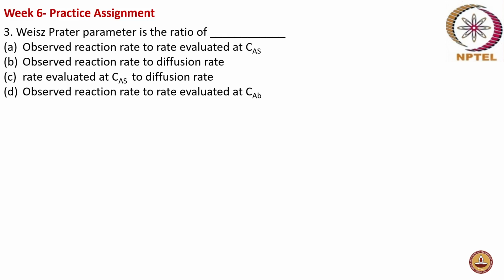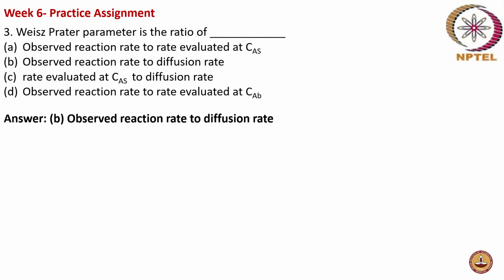So the answer for this question is Weiss-Prater parameter is mainly for identifying the internal diffusion limitation. So obviously it cannot be option D, that is observed reaction rate to the rate evaluated at the bulk condition, right? So which of the other three would be the right option?